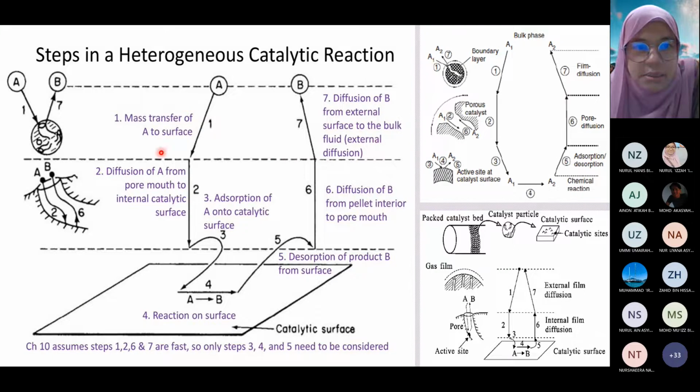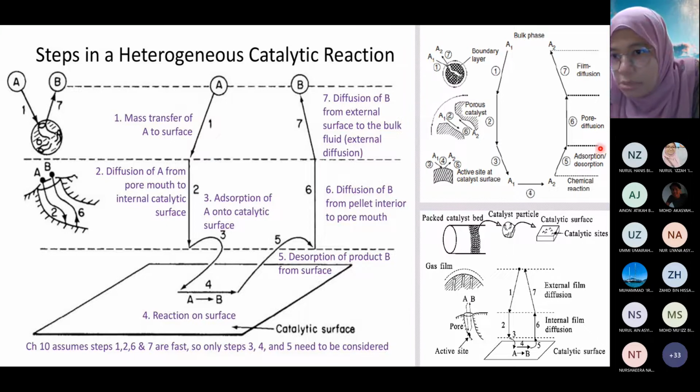So this is the boundary layer. Okay, from the bulk fluid to the external surface. So the mass transfer of reactant A to the external surface of catalyst. Okay, kita fokus yang ni dulu.